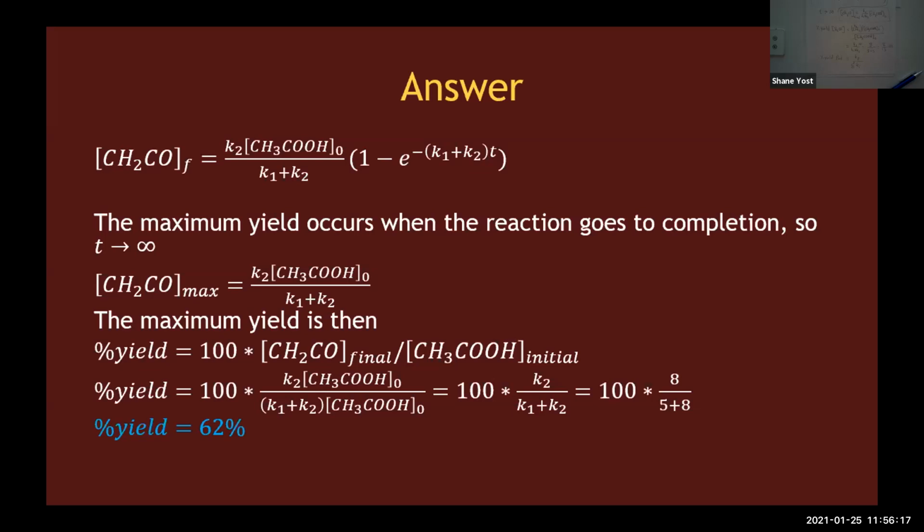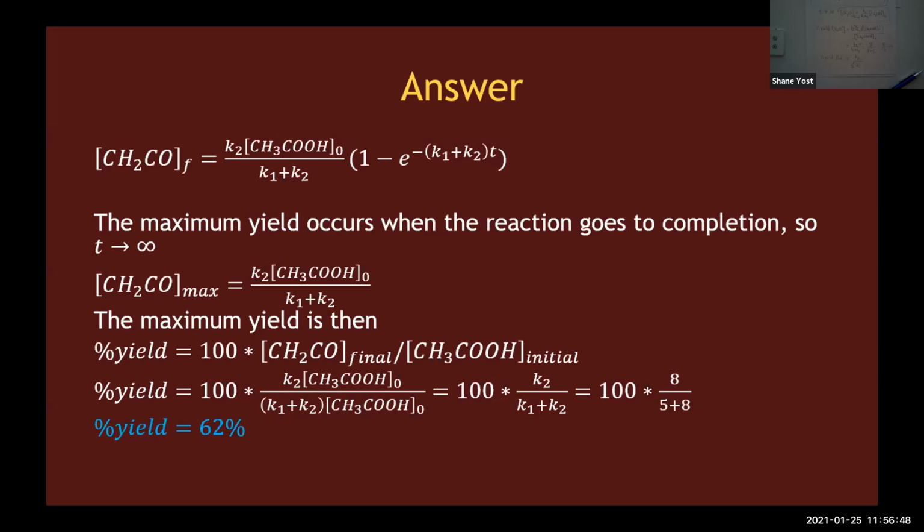It's sort of like probability: the number of times the outcome you care about happens, divided by the total number of outcomes. It's the same idea here. What is the time it takes to get the product you care about divided by the time it takes to get all the products? Again, we're not talking about times, we're talking about rate constants.